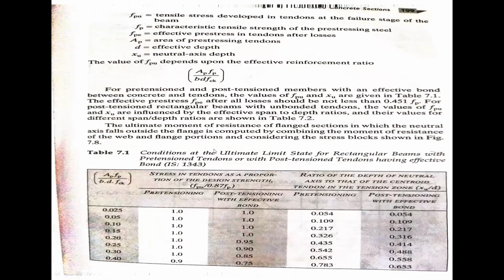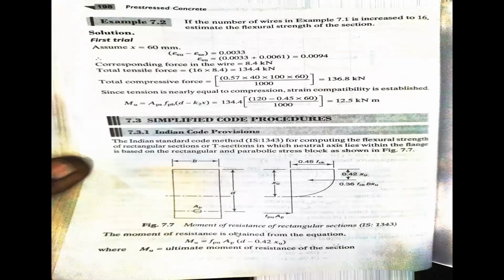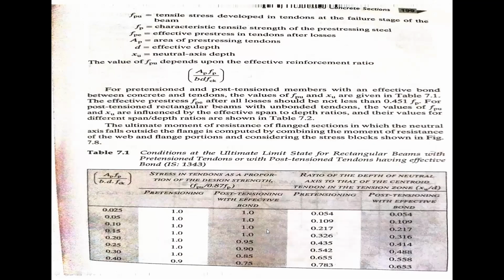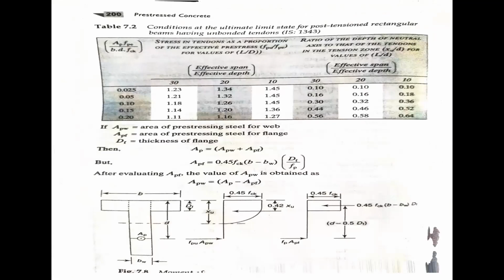Okay, Mu equal to another formula: FPU AP (D minus 0.42 XU) for the ultimate moment of resistance of the section. This is another formula.